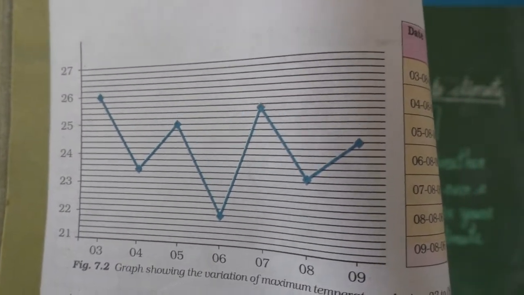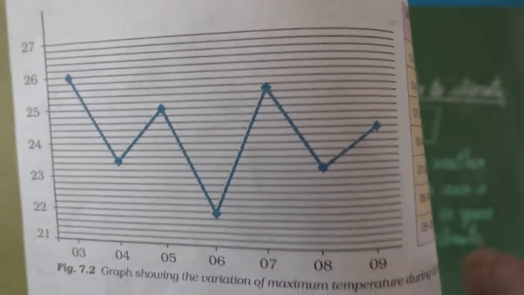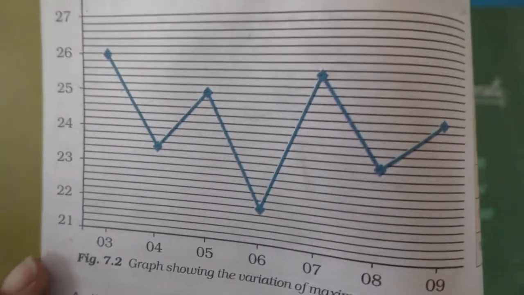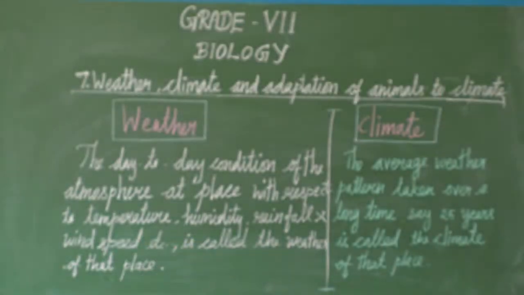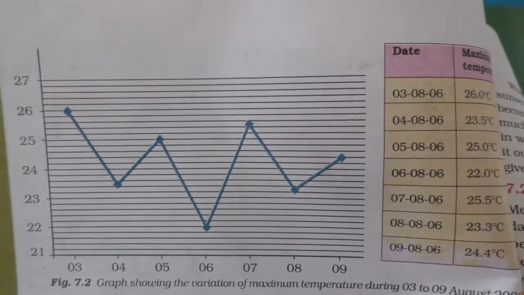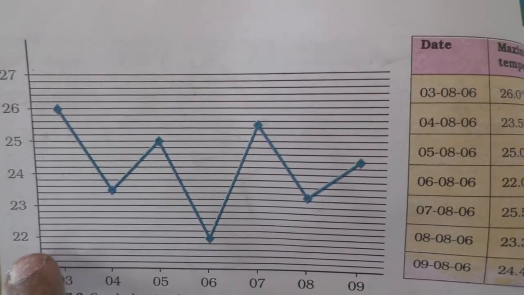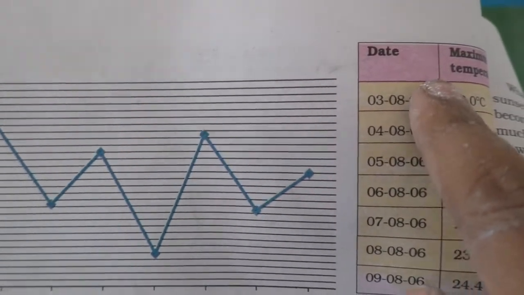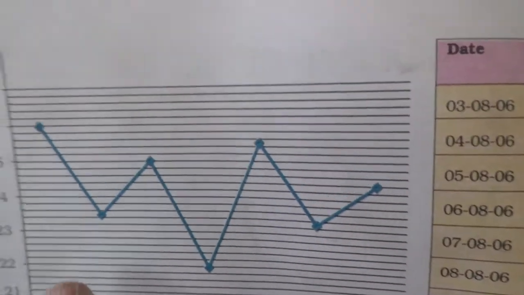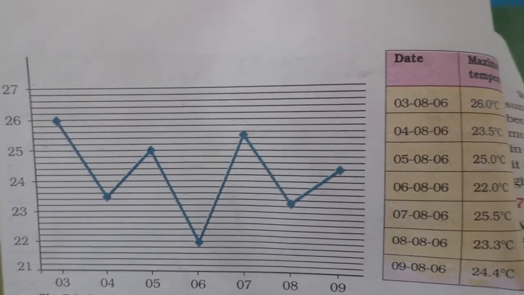What chart it is? So here date, this is date, and this one is temperature. In x-axis date, and then in y-axis temperature. See, date and maximum temperature alone you taken into account and make a graph like this. Clear, children?